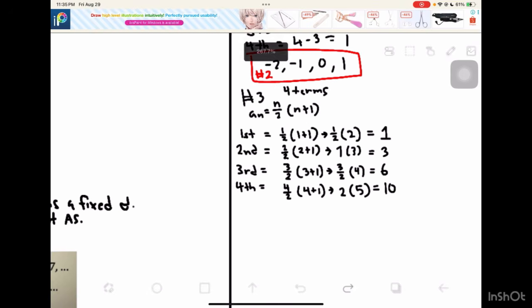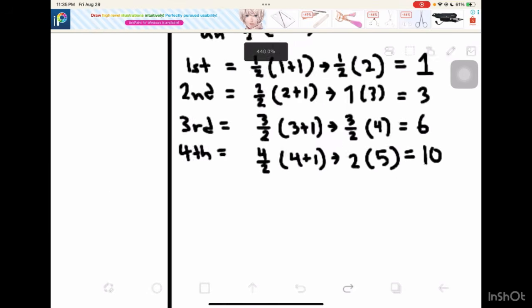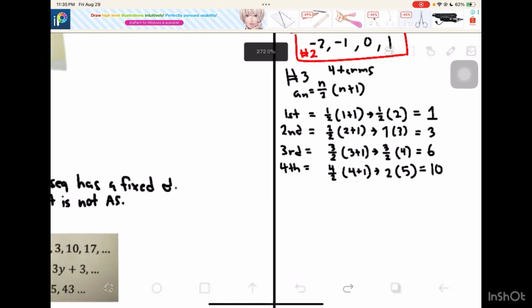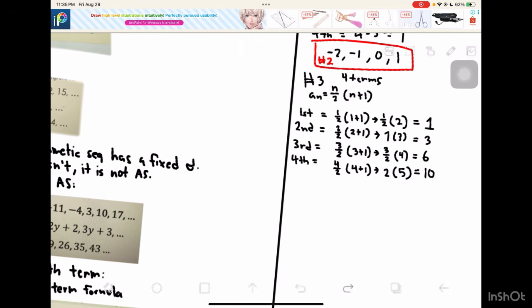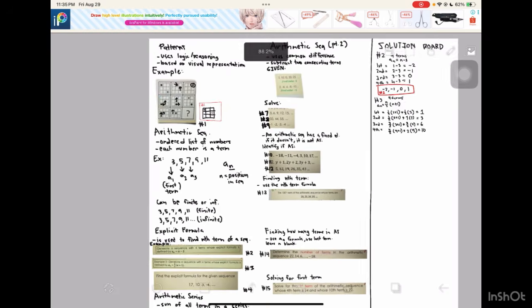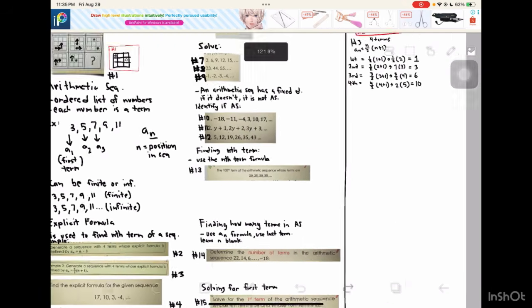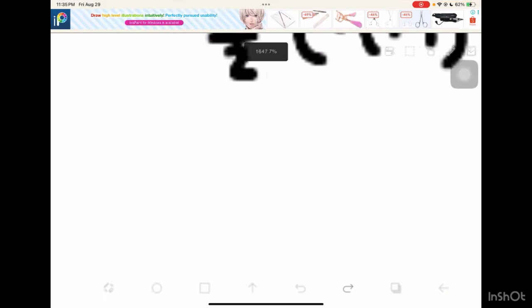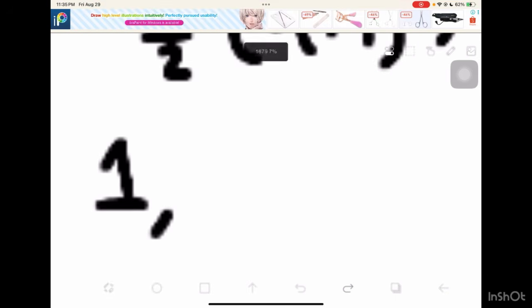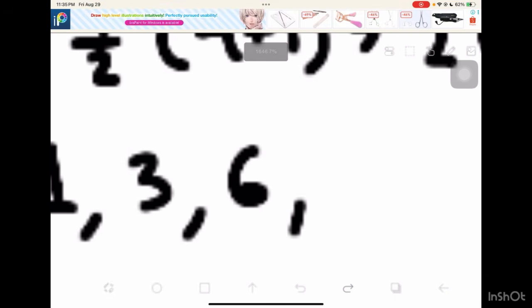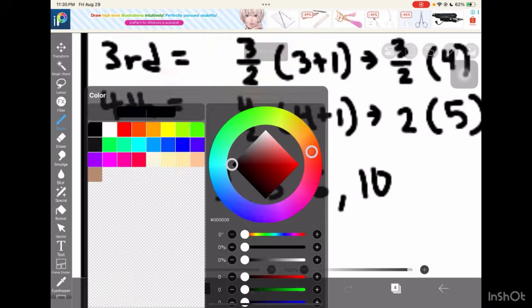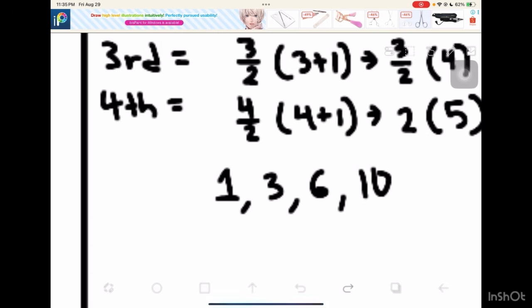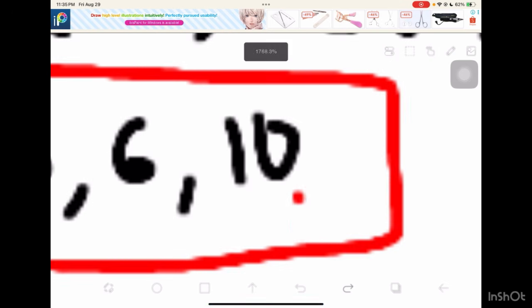Now, as you can see, this is a non-arithmetic sequence, so you shouldn't restrict the explicit formula to just arithmetic sequences. It can be anything. So our sequence would be 1, 3, 6, and 10. Let's box that as our answer for number 3.